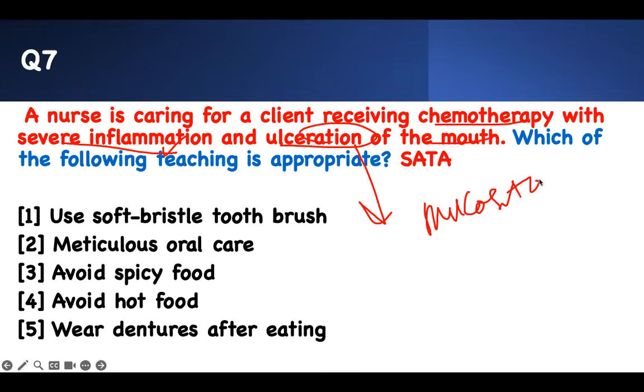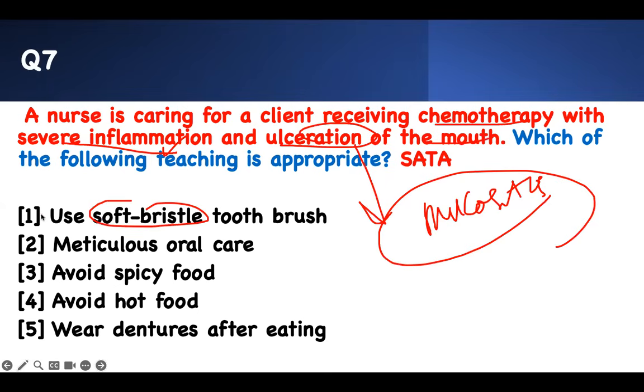They may not tell you the definition. They may describe it like that. Mucositis. How do you manage it? Think about Kawasaki. The mouth is all red, ulceration. You don't want to eat. Yeah. A soft bristle toothbrush is good for you. Okay. You have to provide oral care meticulously so that it doesn't get dangerous.